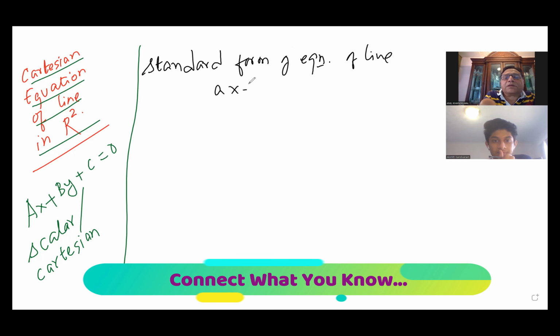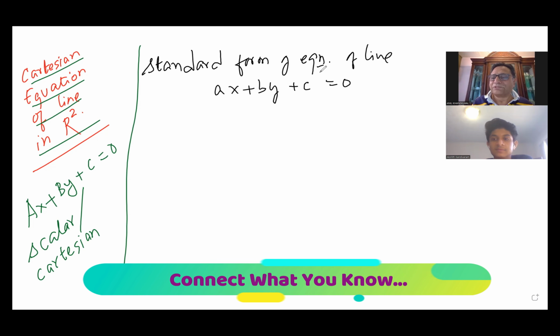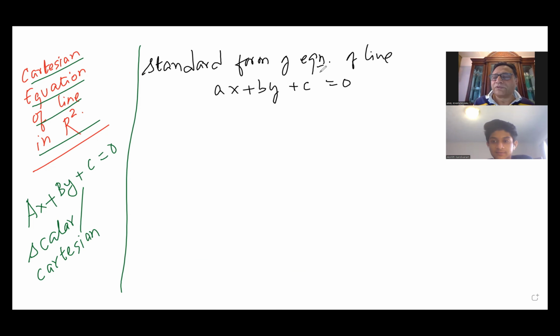You say ax plus by plus c equals to 0. Correct. Both are same things, right? The only thing is we are not talking about vectors, so we'll consider vectors, and more or less it is similar to what you learn in the Cartesian plane, right? This standard form of equation, correct?